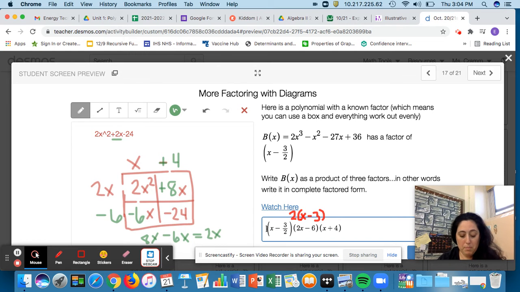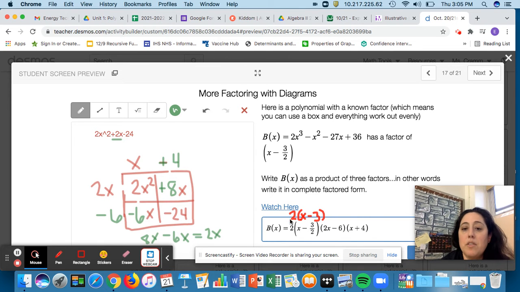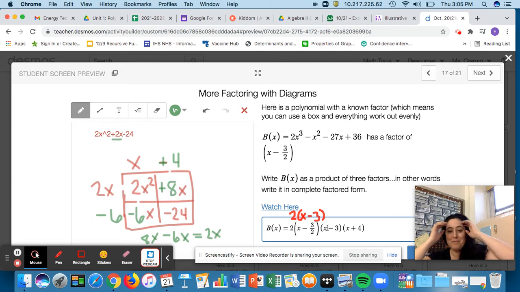So I'm going to say b of x is equal to 2 times x minus 3. They don't necessarily have to be touching because of the commutative property of multiplication, you can move things around. So this right here would be fully, completely factored.